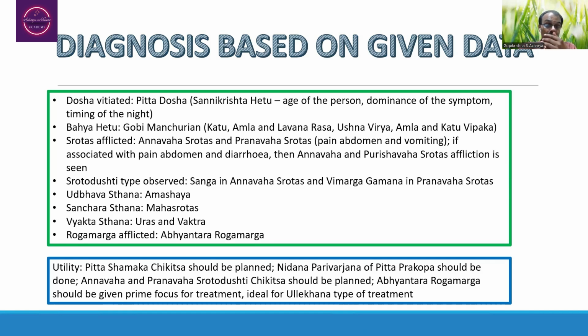As the person is having Urdhvagati of the dosha, it is ideal that we eliminate it via Vamana, or Ullekana line of treatment can be planned. In this way, you can make the decoding of the patient situation based on the given clinical scenario.